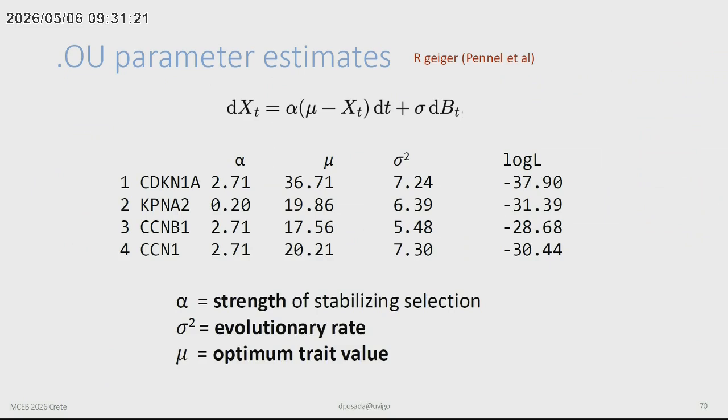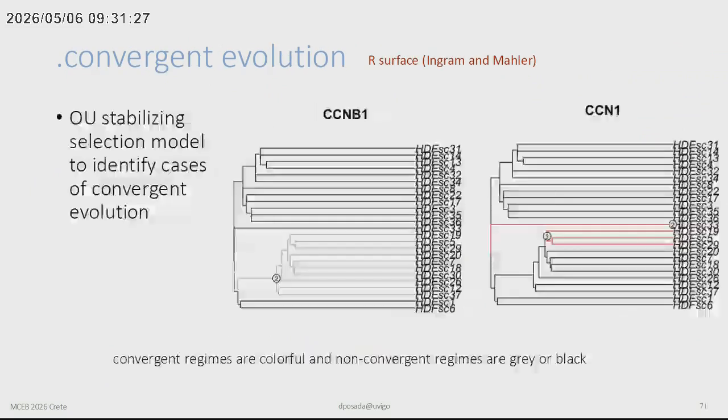This is one of the genes that doesn't have phylogenetic signal, but it has a high value of strength of selection. And we can also use models like those implemented in SURFACE to test for convergent evolution. Like in this case, these two lineages converge in the expression path.